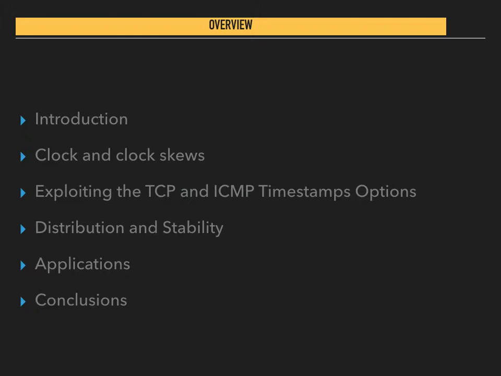And then I'm going to go over two methods that the author used to get the timestamps by exploiting the TCP and ICMP headers. Next, I'm going to go over the clock skew distribution and the stability. And next, the application of the remote physical device fingerprint. And finally, the conclusions.